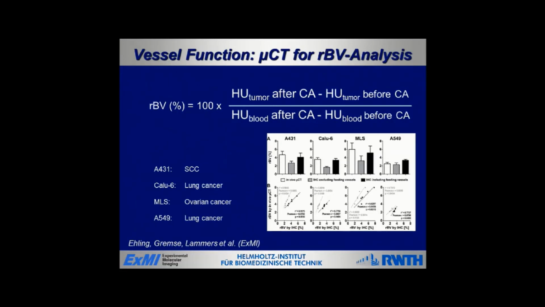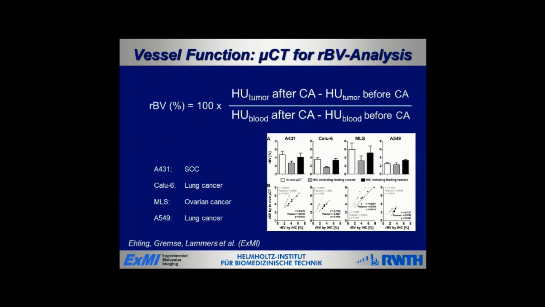A very robust form to determine relative blood volume, which is quite accurate, is just based on this formula where you measure the change of Hounsfield units before and after injection of a contrast agent in a feeding vessel and in the target tissue, and just divide the difference in the target tissue by the values in the blood. Multiplying this by 100, you get the relative blood volume in percent.